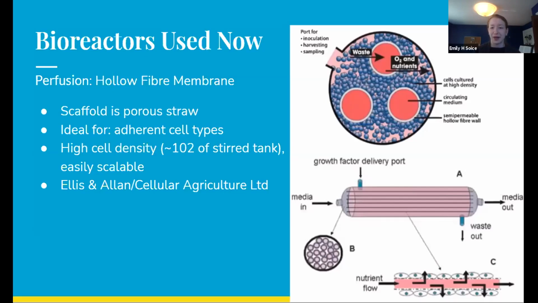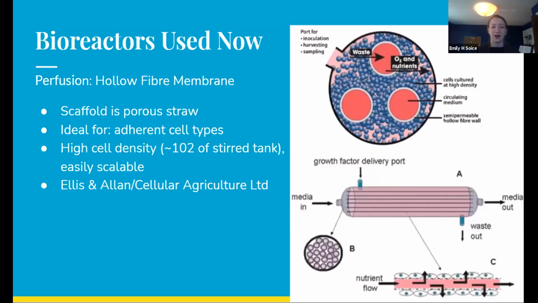But hollow fiber bioreactors, you can see how they work in this diagram here, but basically there's a given number of these porous straws that act as scaffolds, and your cells adhere to these, and they have media that flows within the straws and then perfuses out of the pores in the straws out to the cell environment.